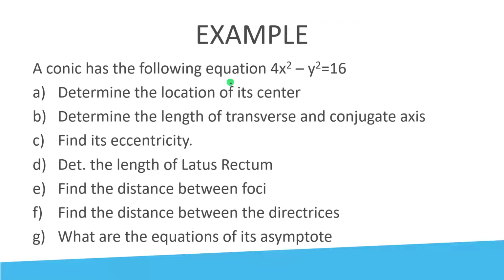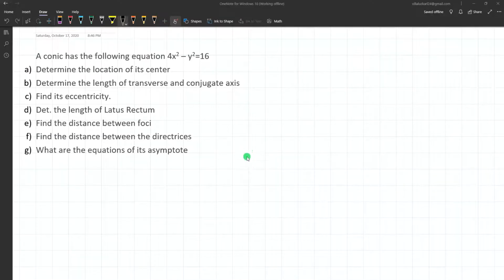That's all. So based on the given equation, it is clearly a hyperbola, since we have a term for x squared which is positive and y squared which is negative. So we will change that to its standard form.